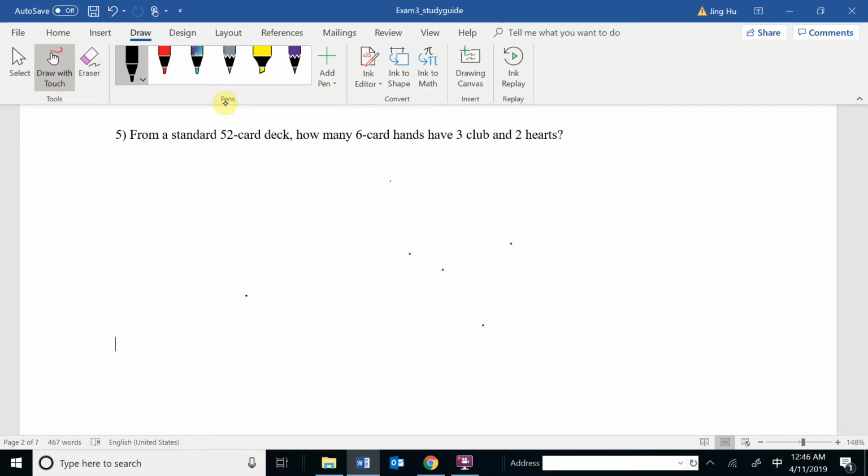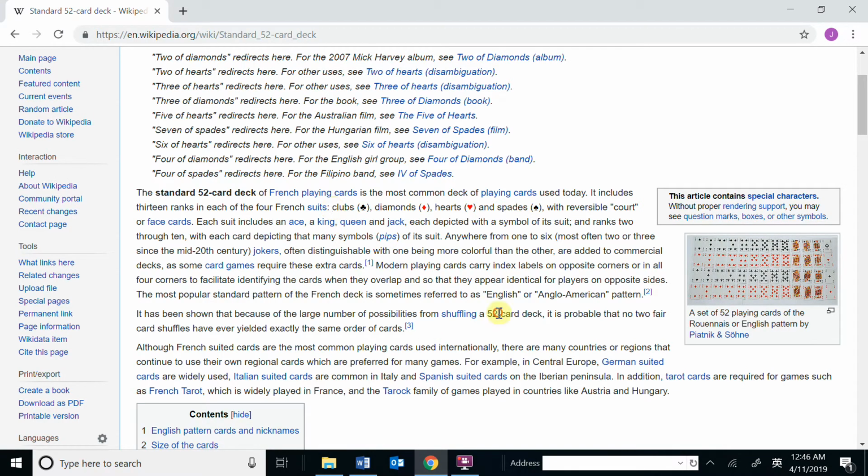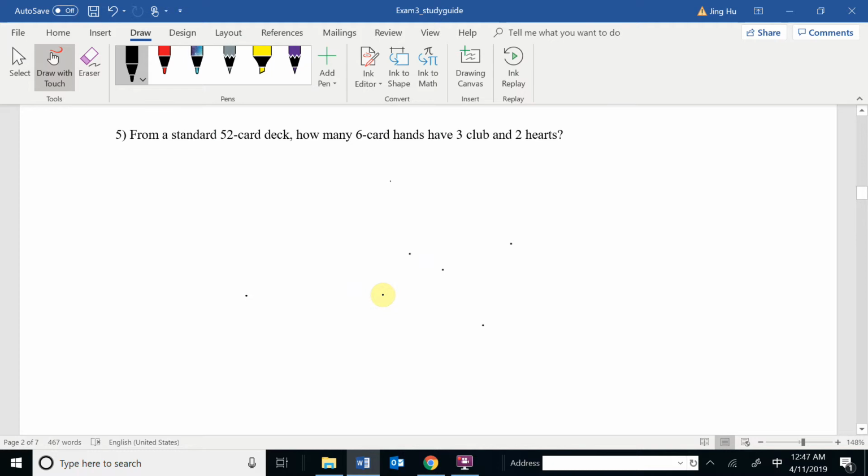Let's continue our review for exam 3, number 5. First, let's talk about those cards. We have 13 clubs, 13 diamonds, 13 hearts, 13 spades. So the probability here: the denominator is 52 cards, get 6 cards, is a combination.